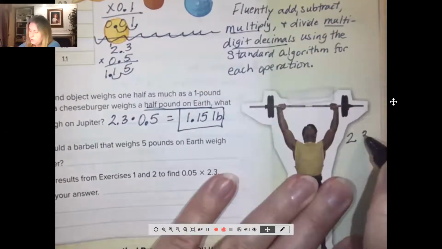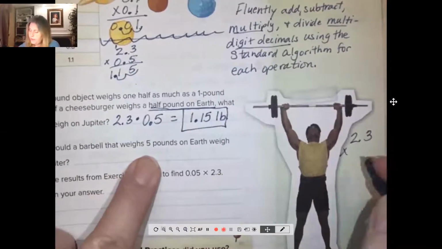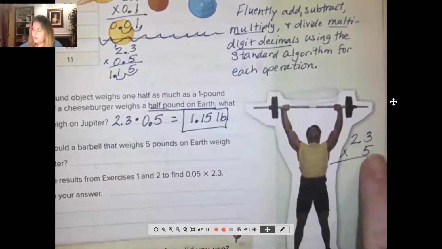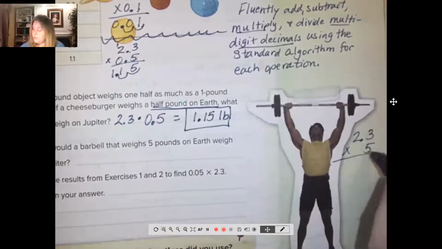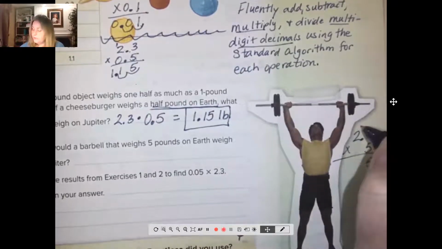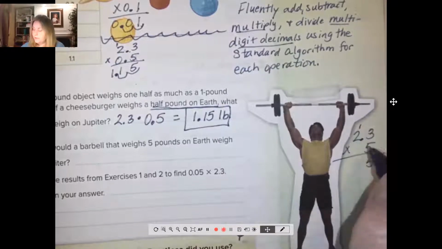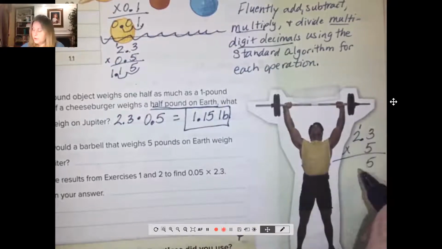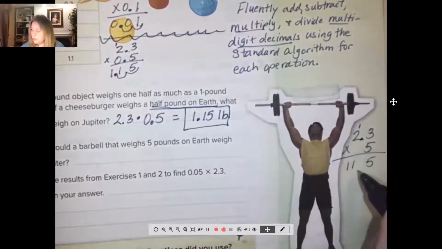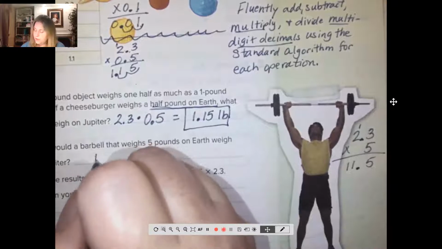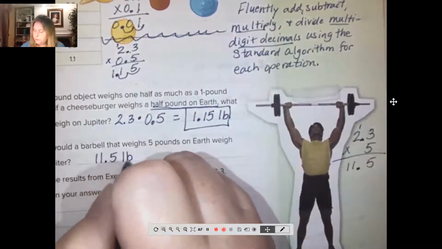Let's do it over here by the barbell guy. 2.3 times 5. Again, we're just going to multiply as if there weren't any decimals, and then we'll add those decimals back in at the end. 5 times 3 is 15. Write the 5, carry the 1. 5 times 2 is 10, plus the 1 we carried is 11. We had 1 decimal in our problem, we need 1 decimal in our answer, so 11.5 pounds.